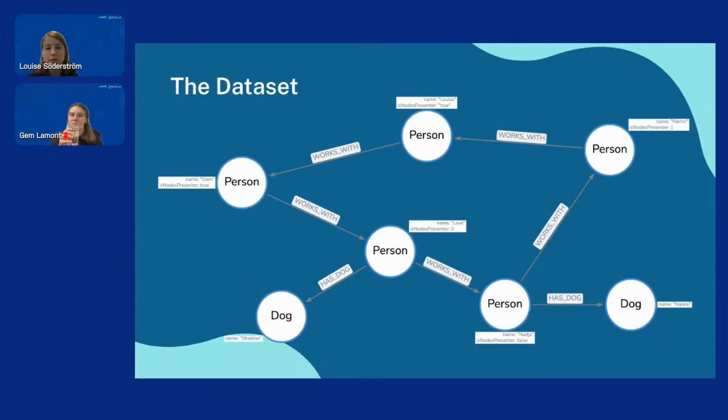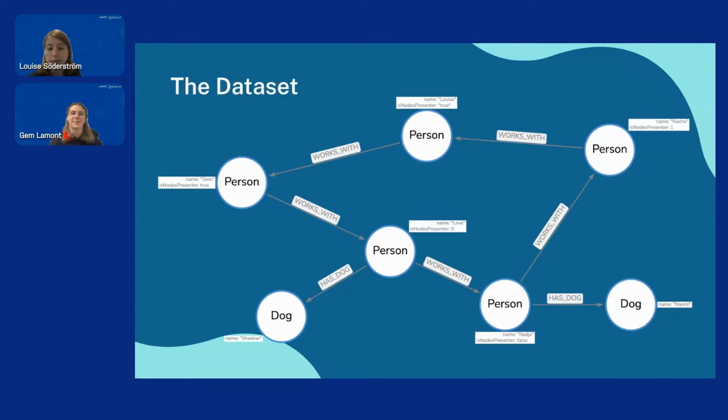So first, we will look at our data set for the example. We have created a small toy data set which consists of our Cypher surface team at Neo4j, where Gemma and I are working.